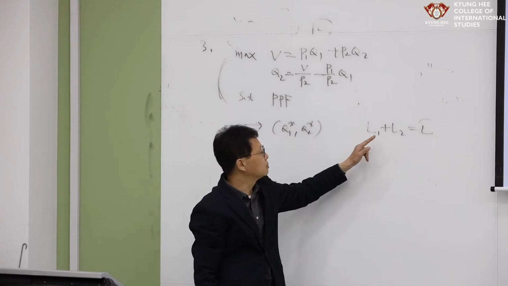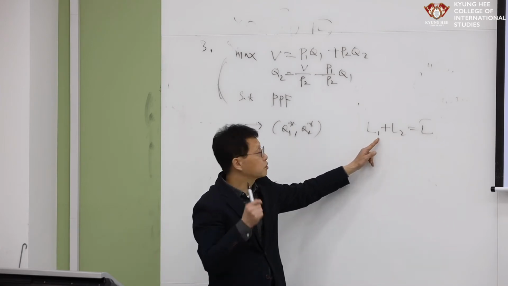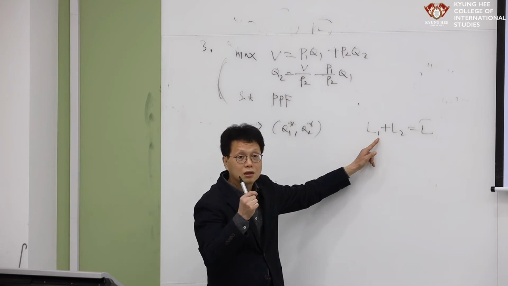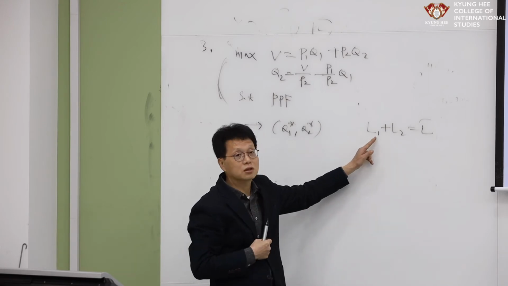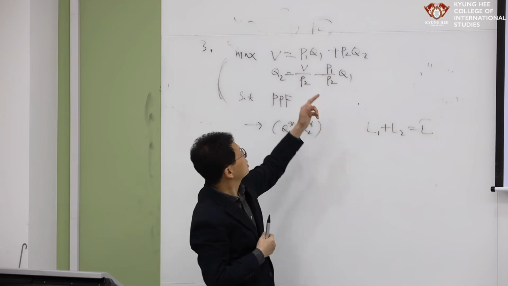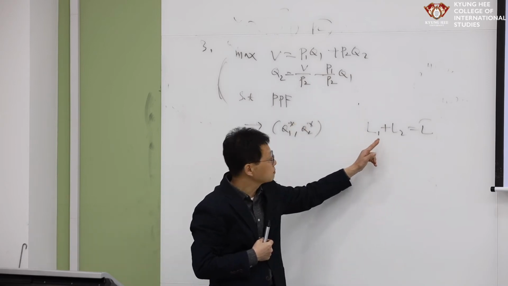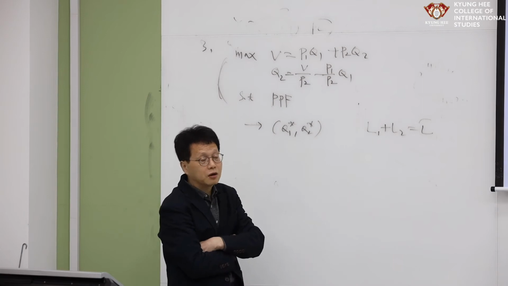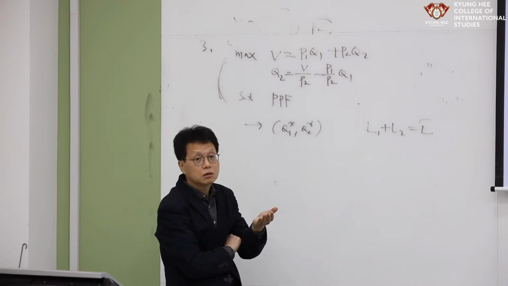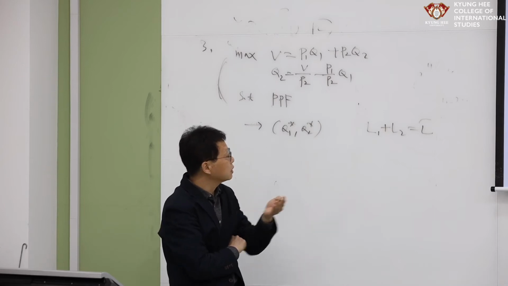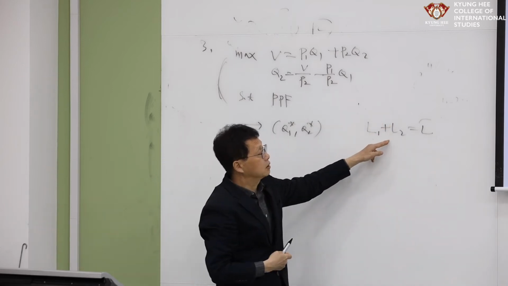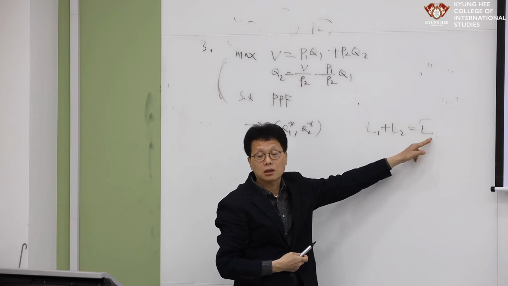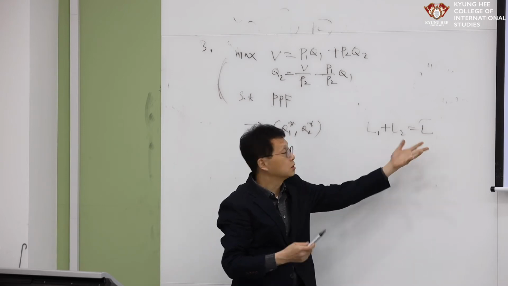L1 is the labor demand by the firm producing Q1, or labor employment in sector 1. We already studied this in the production function, right? L2 is the labor demand by the firm producing Q2, or labor employment in sector 2, right? That labor demand should be equal to the labor supply by households, right?